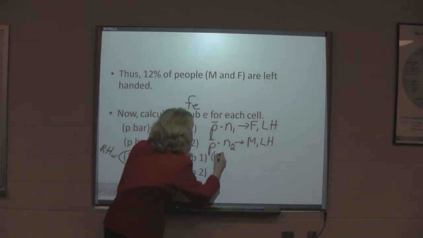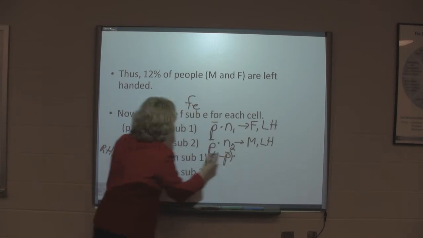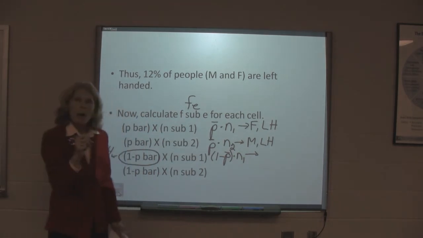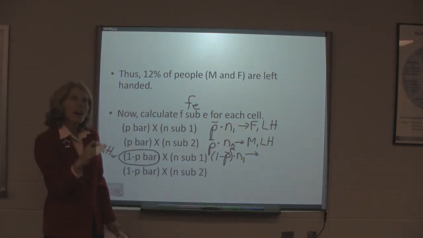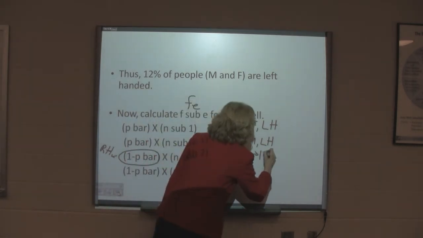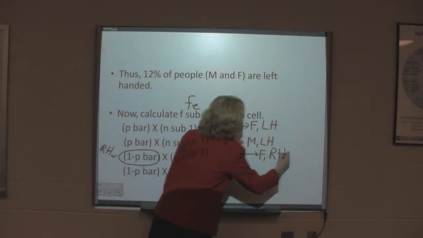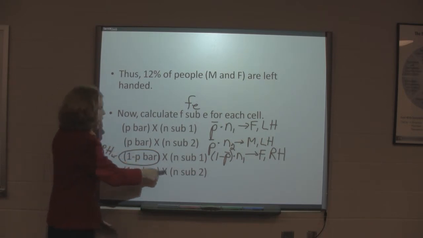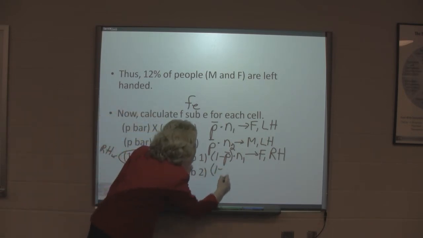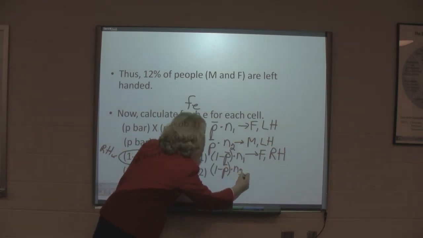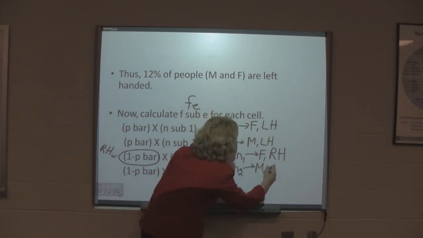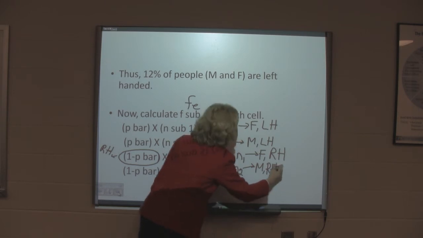So 1 minus P bar times N sub 1 is going to be the proportion of females who are right-handed. 1 minus P bar, which is the proportion of left-handed in the sample, times N sub 2, sorry, is the proportion of males who are right-handed.